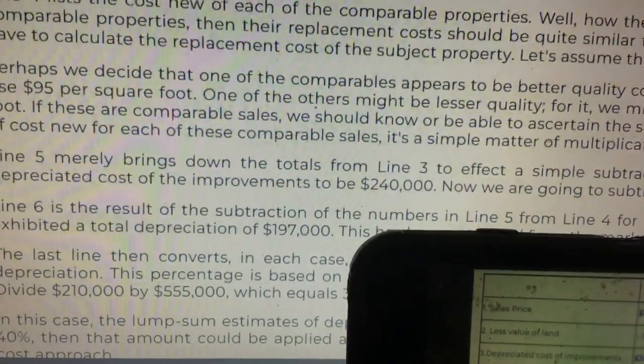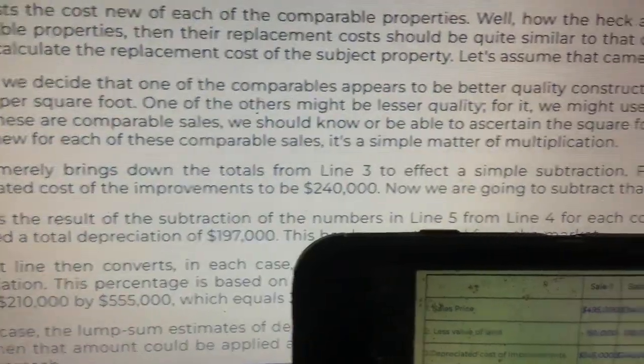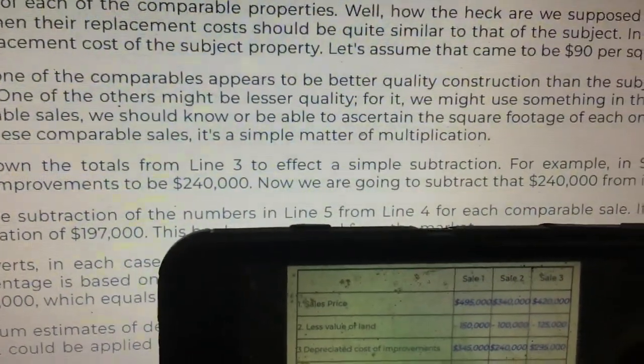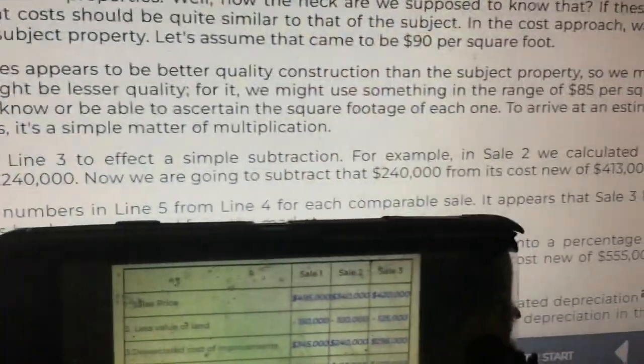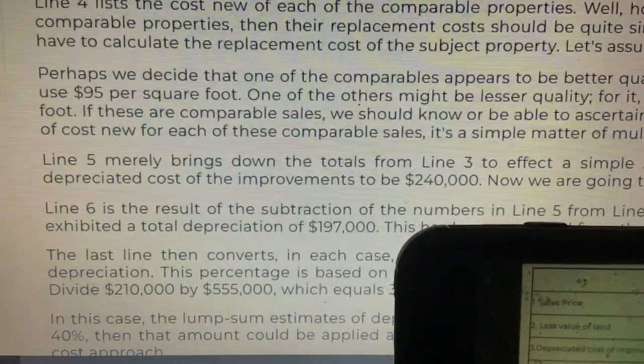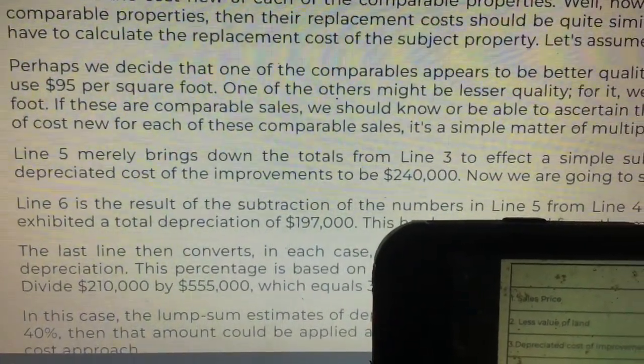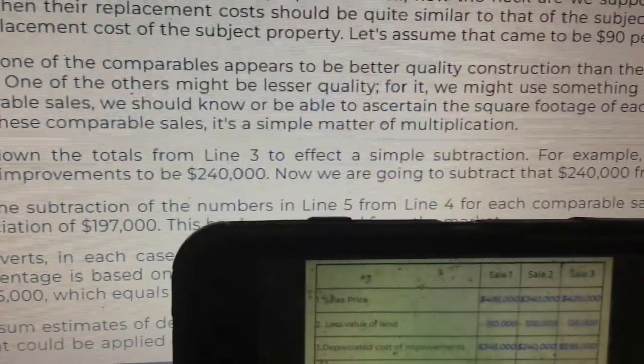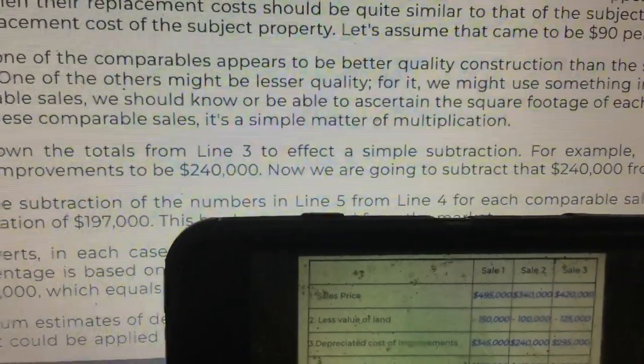If these are comparable sales, we should know or be able to ascertain the square footage of each one to arrive at an estimate of cost new for each of these comparable sales. It's a simple matter of multiplication.